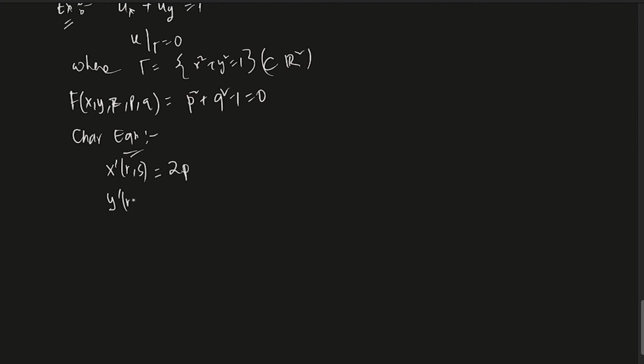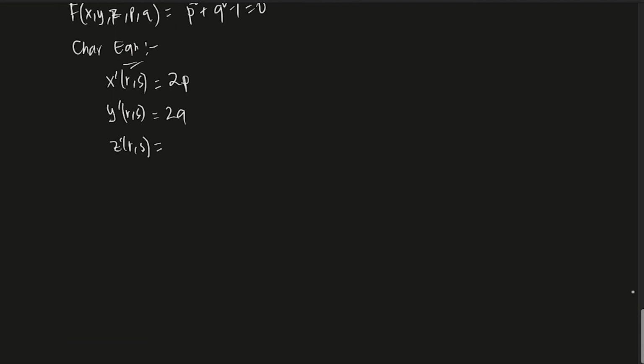Y prime at the point r is f q, and f with respect to q is 2q. Z prime is p f p plus q f q, so 2 times p squared plus q squared.